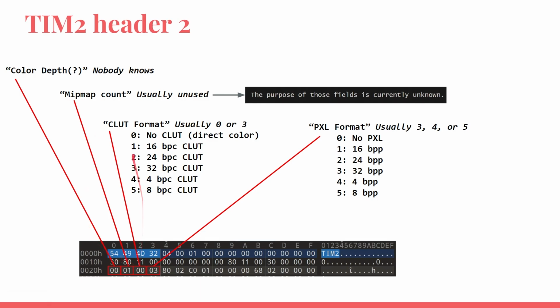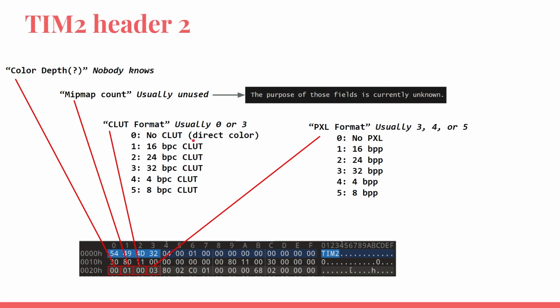After that, we have the CLUT format. This is the actual format of the color entries themselves. This is almost always going to be either 0 or 3 in my experience. Because colors on the PS2 are usually 4 bytes in length, it's going to be 3 if it's an actual paletted image, and 0 if it's a direct color image.